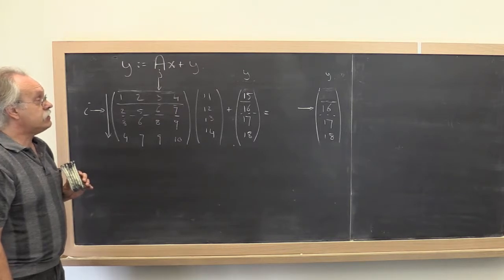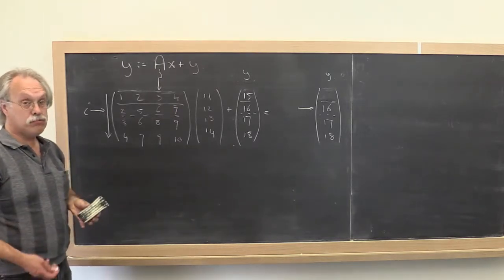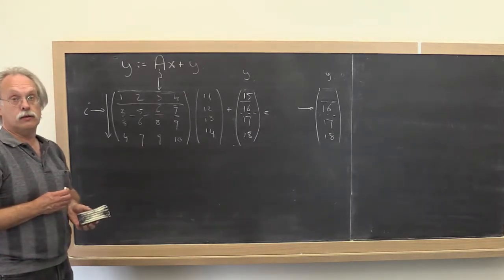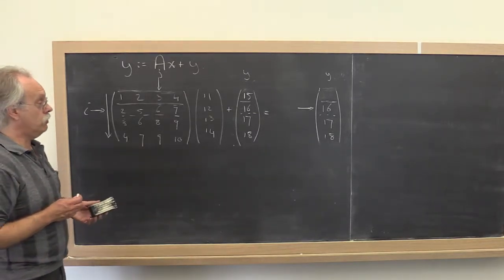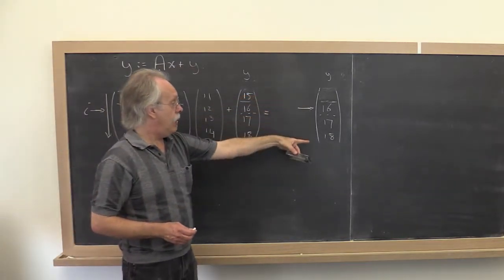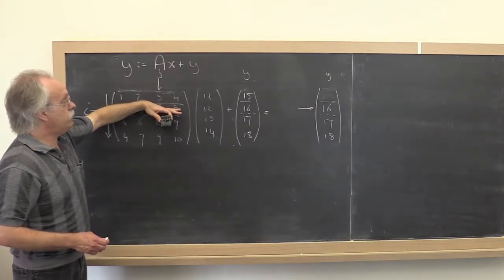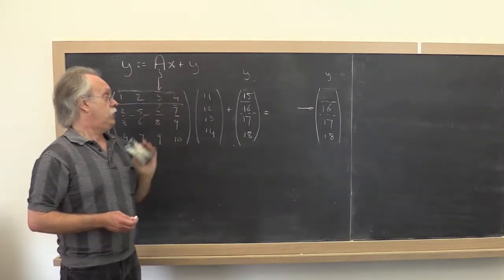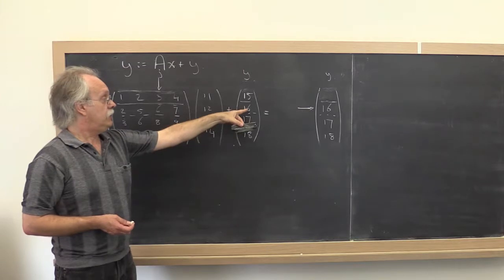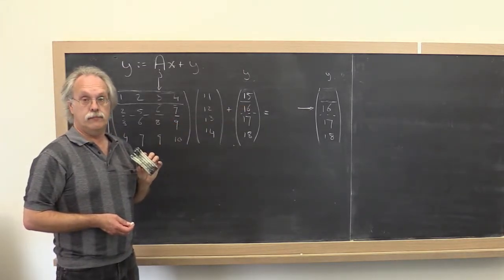How would we then translate this into MATLAB code? Well, in MATLAB, you probably wouldn't use a while loop. You probably would use a for loop. So you would say, for every element in y, what we need to do is take a dot product of the corresponding row with the vector x, and then add to that the entry in y.